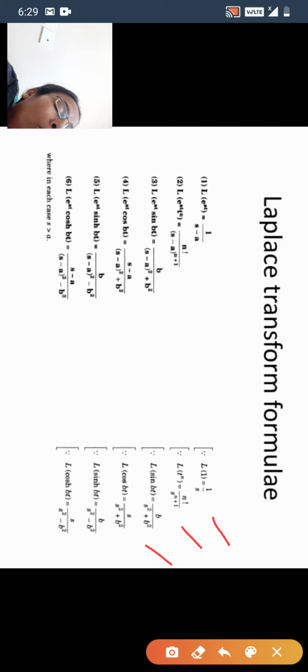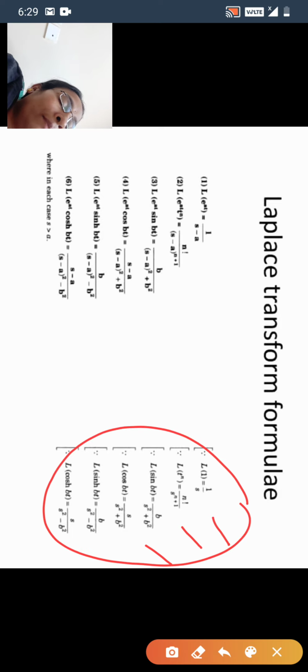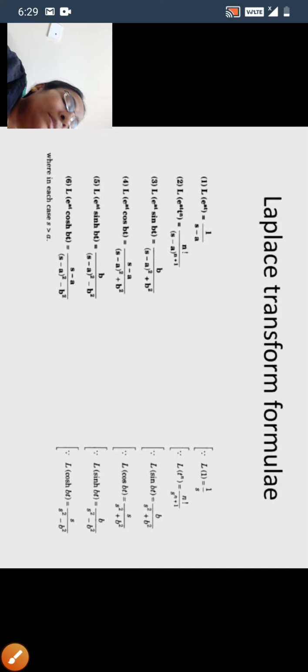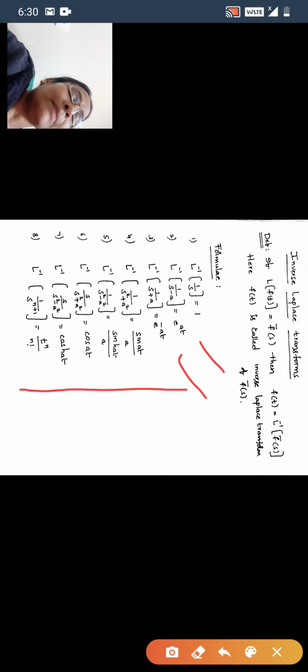We proved all these formulas. So if we keep these formulas in mind, by shifting L to the other side, we will get L inverse 1 by s equals 1, L inverse 1 by s minus a equals e power at. So, to keep inverse Laplace transforms in mind, first we have to remember the Laplace transform formulas.